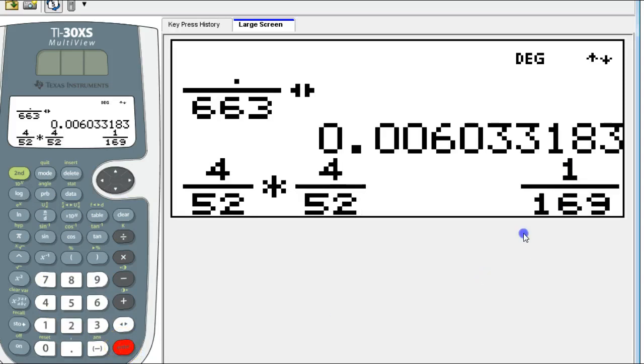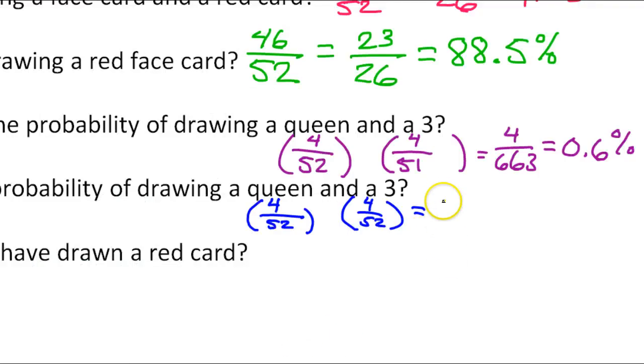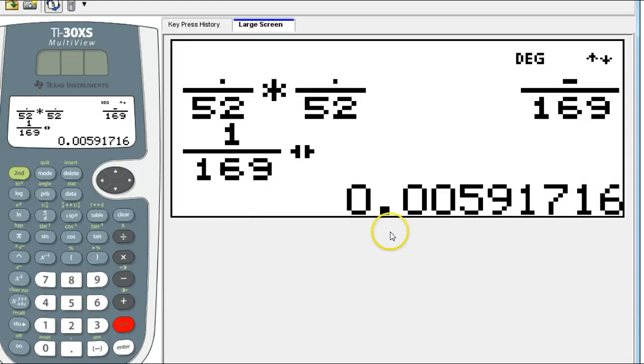Okay, so that's going to be 1 out of 169. Again, the decimal goes here, 0.59%. Alright, which is pretty much 0.6% again. Maybe we need more decimals, so we'll say 0.59.